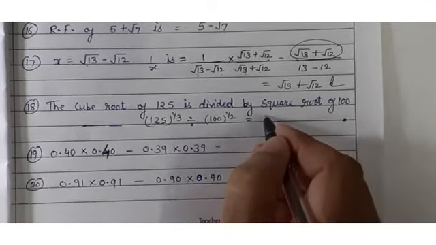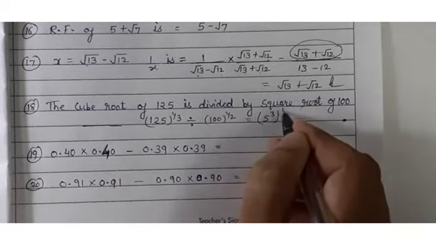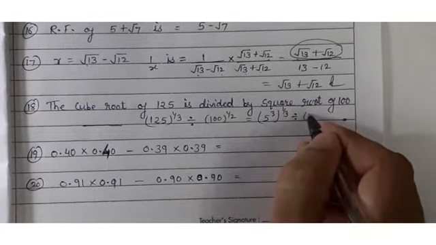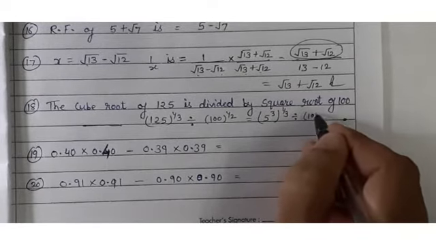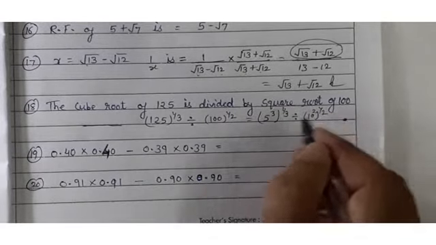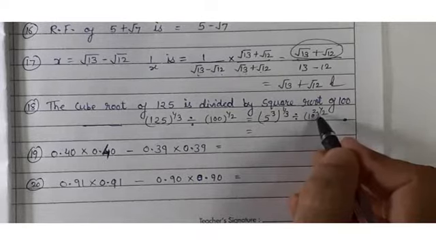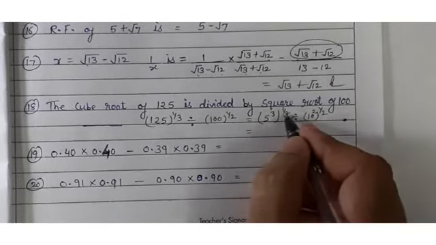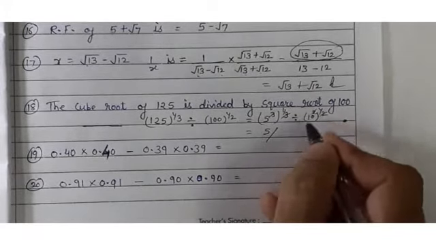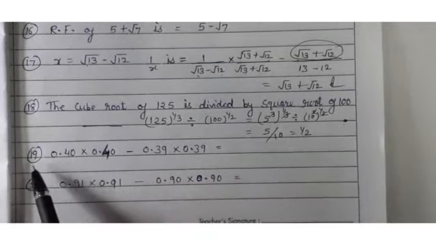Okay, cube root of 125, I can write like this, and 100 it is there, division sign. 100 is 10 square power 1 by 2. Yes, this is 10 square power 1 by 2. 3 to 3 cut, 5 divided by 10, this is 1 by 2. Okay, this is now next.